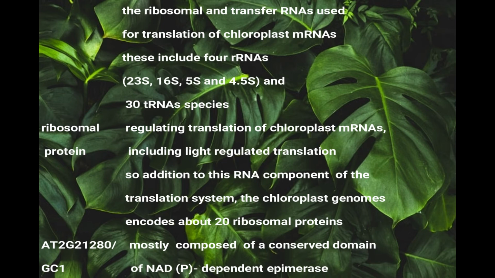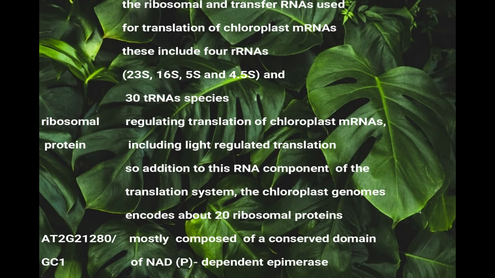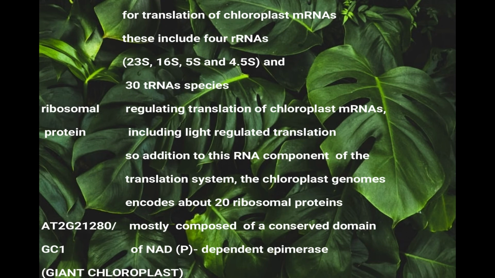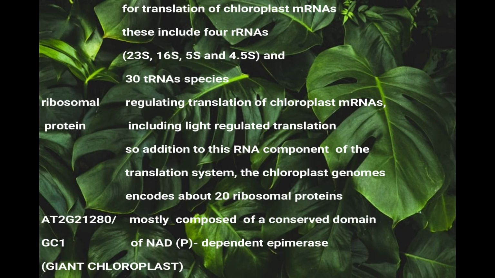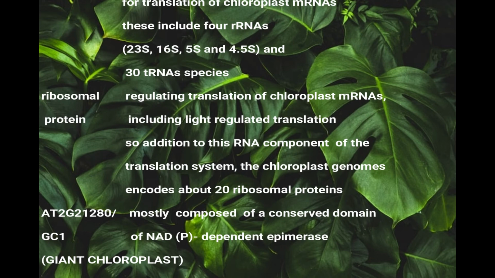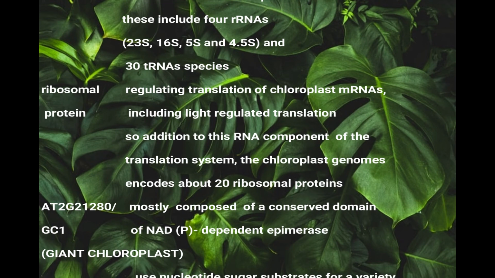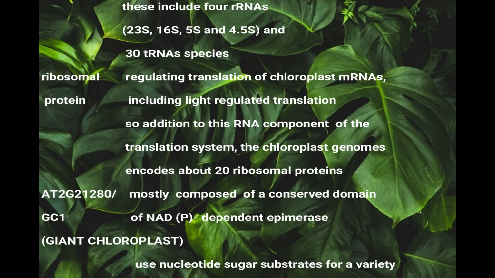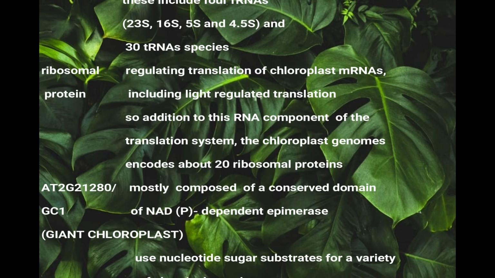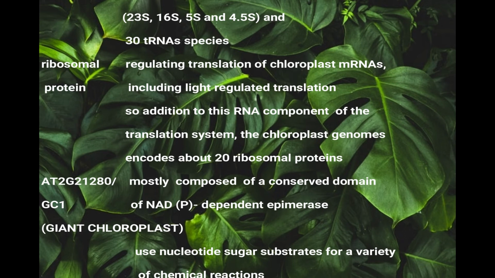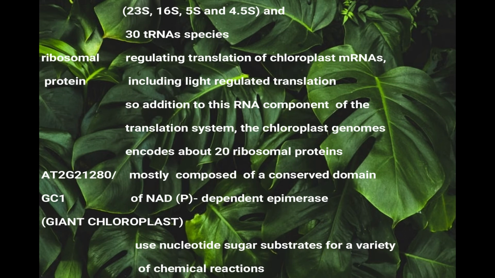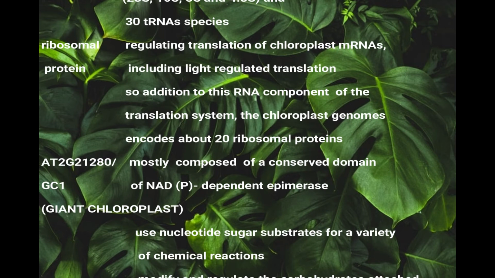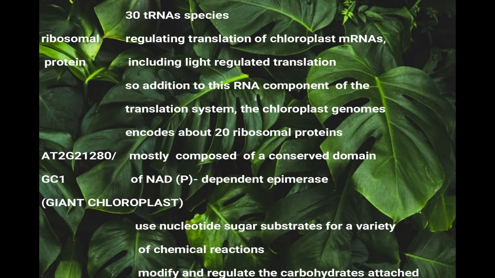These include 4 rRNAs, which are 23S, 16S, 5S, and 4.5S, and 30 tRNA species. This gene is one of the most commonly used in chloroplast function, consisting of 30 tRNA species for genetic apparatus function. This gene is sufficient to translate all the mRNA codons according to the universal genetic code.